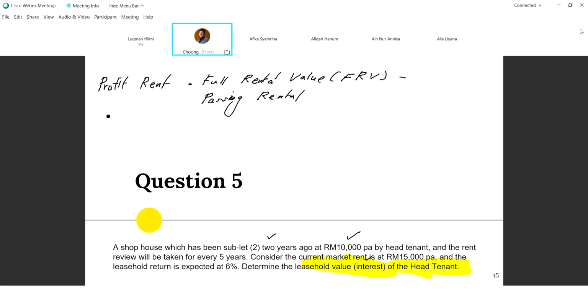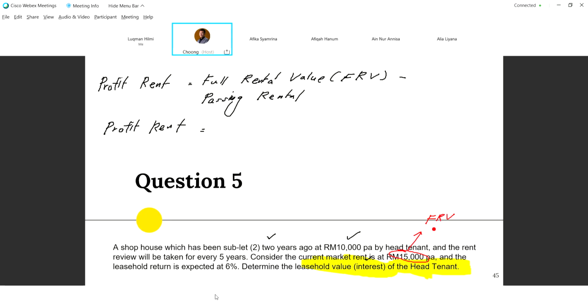So in this case, what is the profit rent, class? To calculate the profit rent in this scenario, we first find where the full rental value is. The market rent here, the market rental, is this 15,000. This is the FRV.